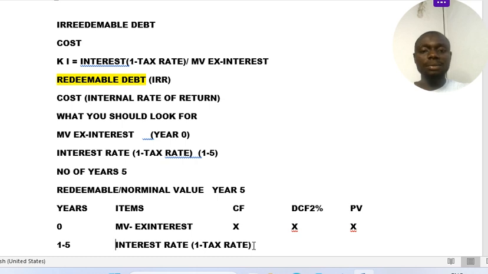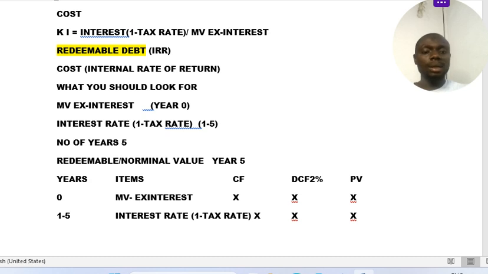We have the cash flow and the DCF. So how do we determine the DCF? We are going to use the annuity formula to determine the DCF. Since it is from year 1 to year 5, we use the annuity formula. Please take note. Now, we have this, then the present value will be this.